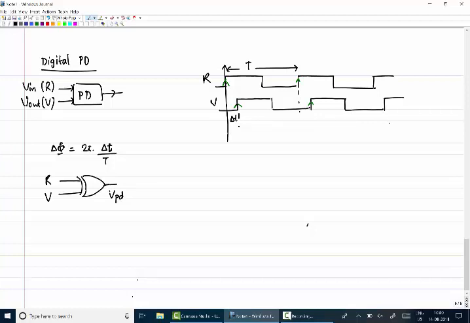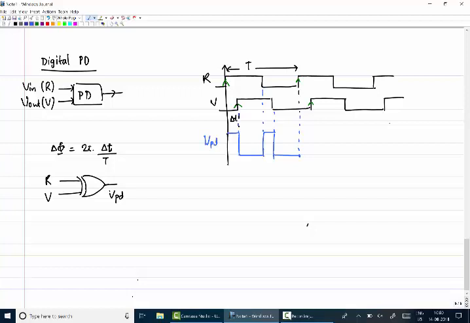The output of this phase error detector, if it's an XOR gate, is going to be high for this much time, then low for this time, then again high here, and again low. And this is going to repeat every T time period. This is V times PD.